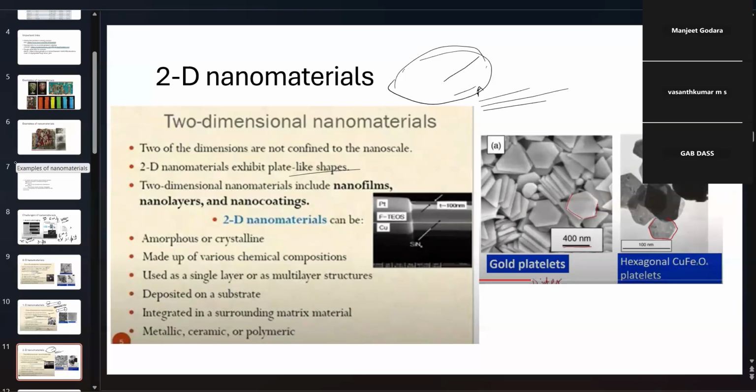For example, silicon, then a thin layer of nickel, and on top of that a thin layer of gold.